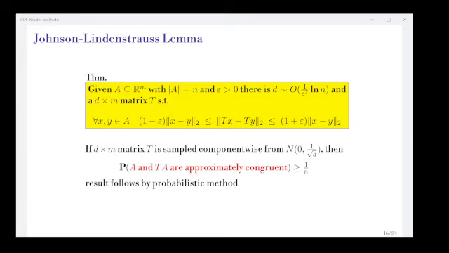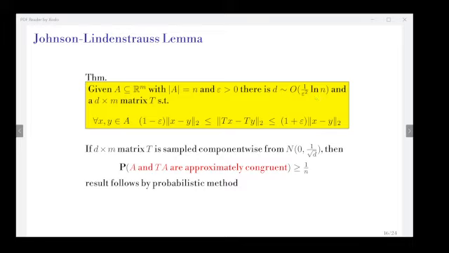This is the slide where I explain what D is, with respect to m. The Johnson-Lindenstrauss Lemma is probably the best known result to do with random projections. Given a set of points A, or matrix A, with n points, the columns of A, and a given epsilon, there is an integer D which is more or less like the logarithm of n over epsilon squared.